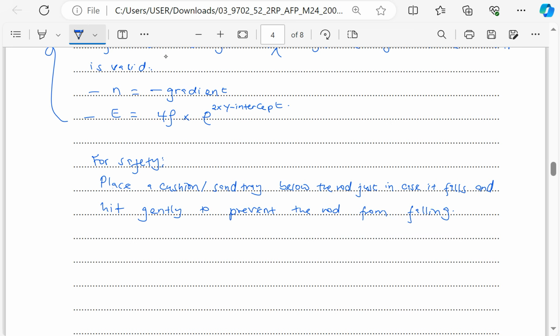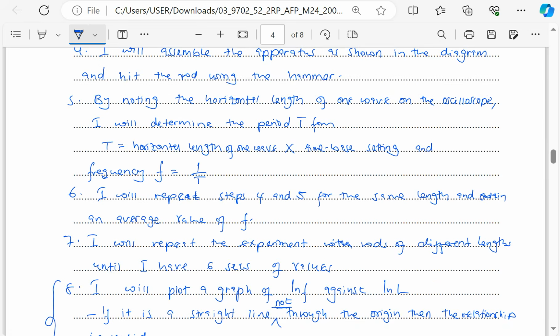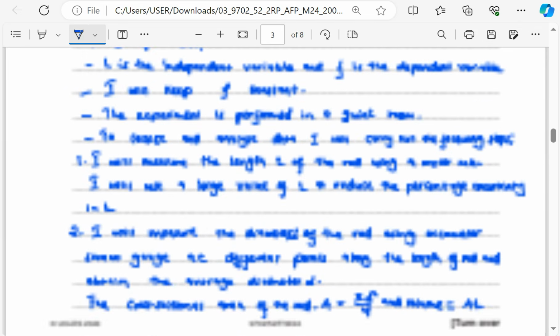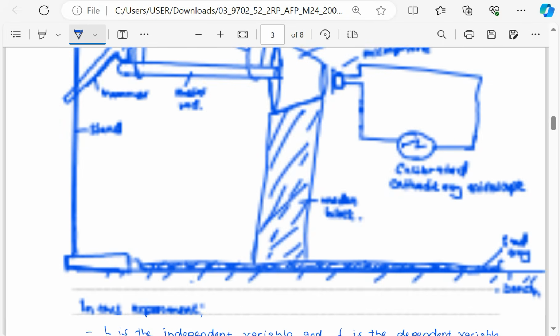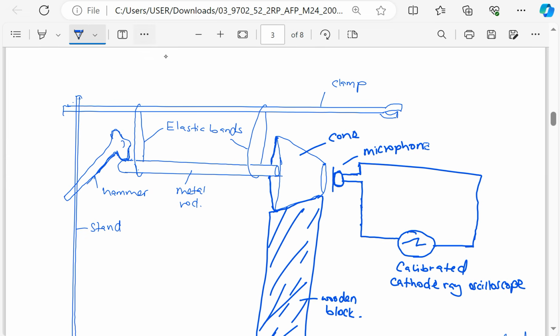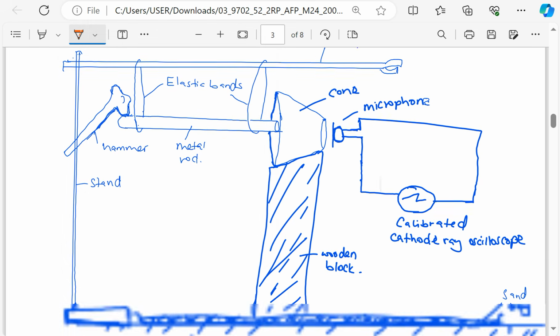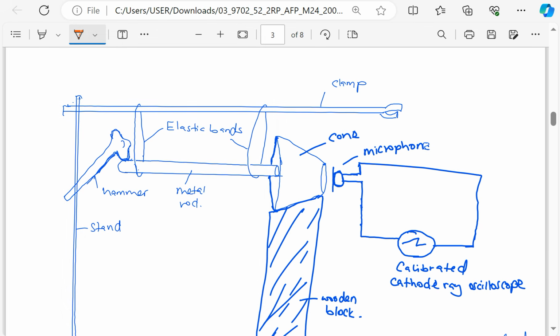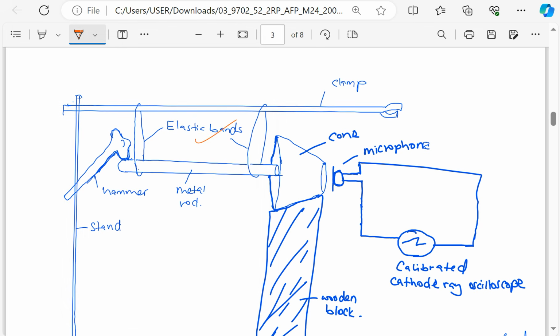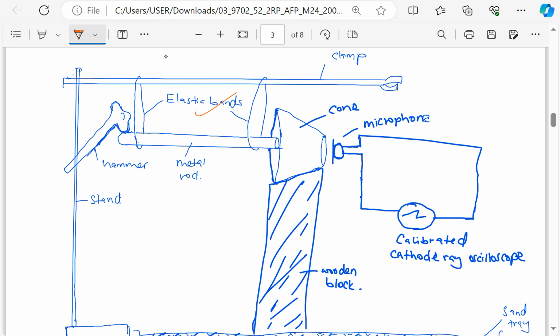Okay, I may want to check how many marking points I have put in this diagram, but I've put so many marking points. So I will use a different color just to give you a picture of how many marking points are here. Number one, I've supported the rod with elastic bands on a stand, and I've put a cone to concentrate the sound waves incident on the microphone.